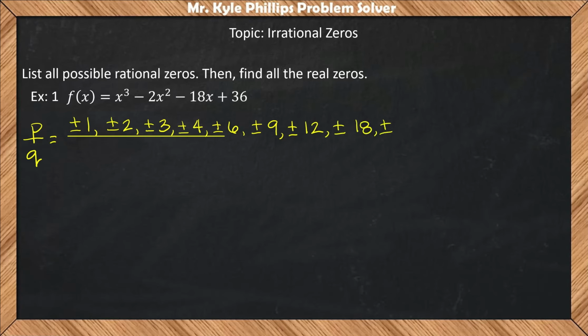Now, normally you would divide all of these by all the factors of your leading coefficient. But in this case, our leading coefficient is 1, so if we divided by 1, we're just going to get the same numbers. What the rational root theorem tells us is that one of these values is going to be a root or a solution to this polynomial.